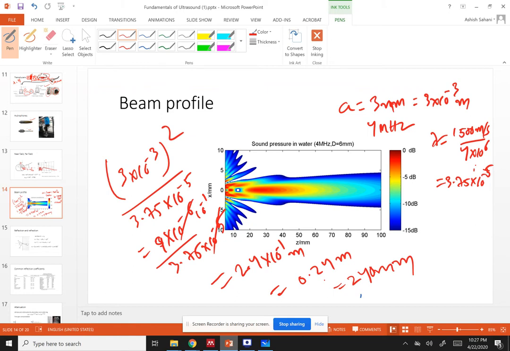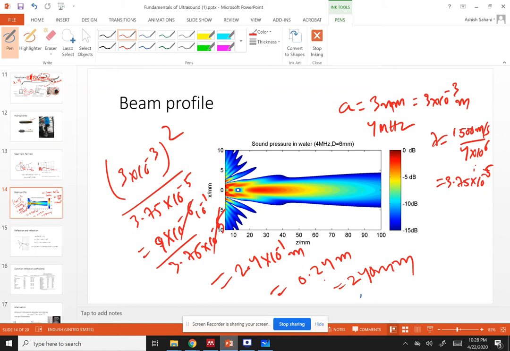So there is some calculation mistake here, I believe. Let me check it again. So a is equal to 3 millimeters.